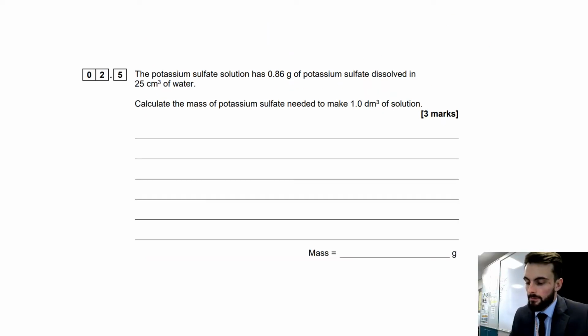So for this one, we've got 0.86 grams of potassium sulfate dissolved in a volume of water, 25 centimeters cubed. And it says calculate the mass of the salt needed to make 1 decimeter cubed of solution. The first thing to highlight is that these 2 units are different.